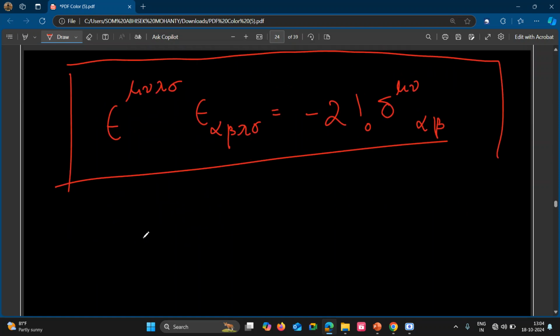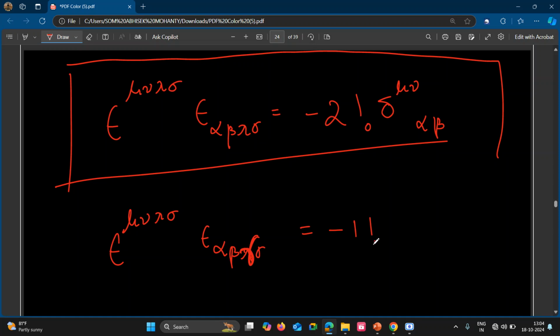Now what will I do? I will change three indices. In place of lambda, let's take another one, gamma, and sigma remains the same. Sigma is the only one here.